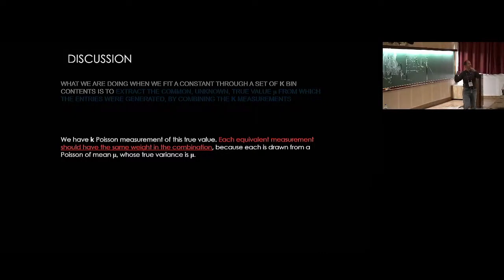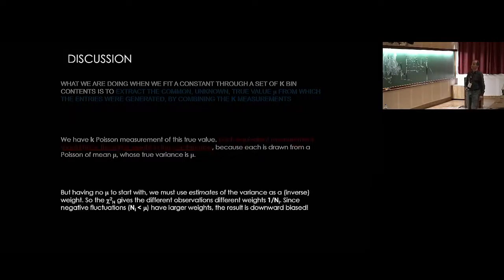And we give a smaller weight to those that have fluctuated high. That is why Neyman's chi-squared underestimates the area. So the game is always the same. We must use estimates of the variance as inverse weights. And this happens many times in statistics. In this case, you see that it generates a bias.